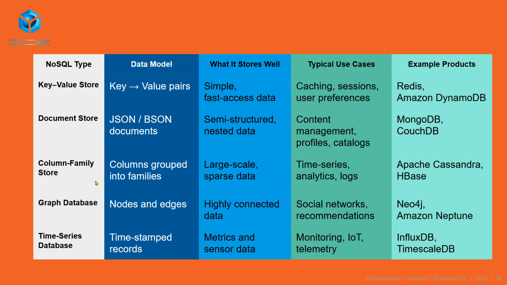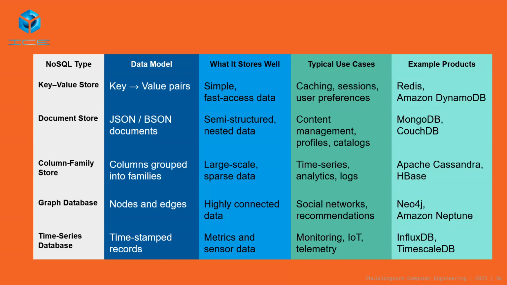For the column family store, it is very good for large scale data, sparse data where information doesn't really relate much. So for the column family store, you probably look at the data like you have many columns, and then instead of having every row related, it doesn't matter.